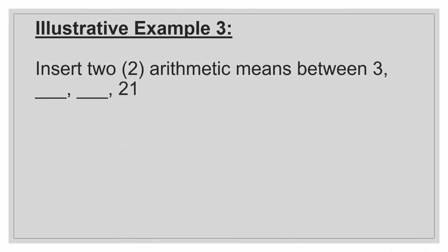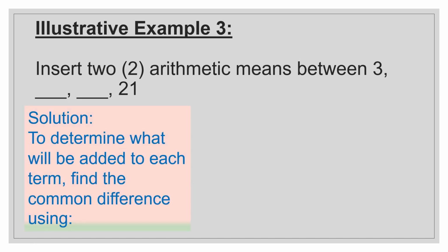What if 2 or more arithmetic means are to be inserted? Now let's do our example number 3. Insert 2 arithmetic means between 3 and 21. So that will be 3, blank, blank, 21. Solution: to determine what will be added to each term, we have to find the common difference using the formula.